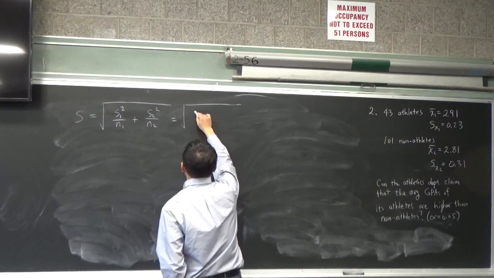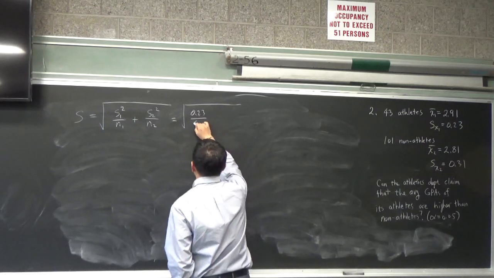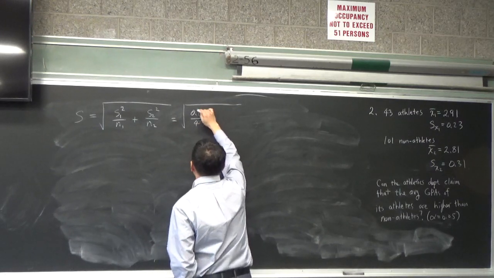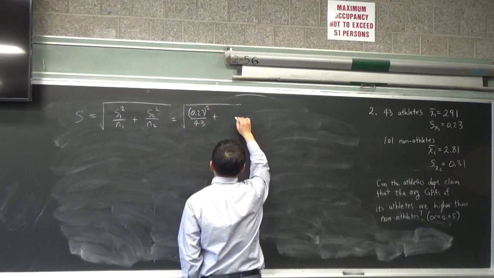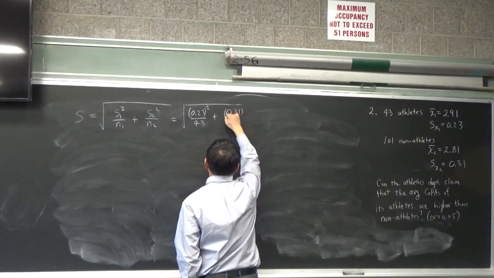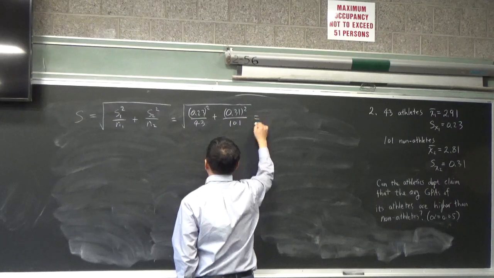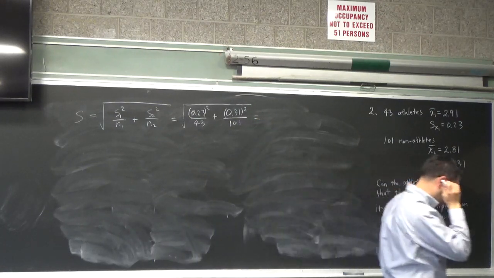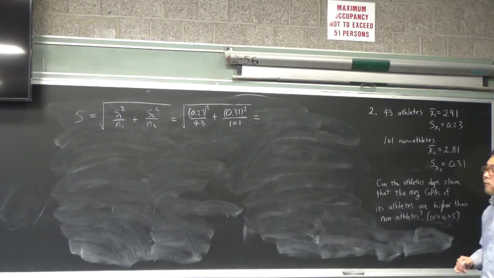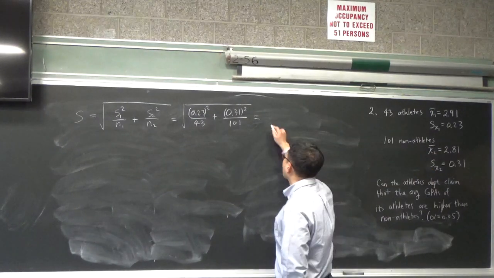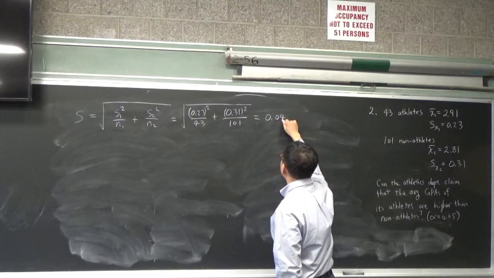So you need to do 0.23 squared divided by N1, which is 43, plus 0.31 squared over N2, which is 101. 0.0467.